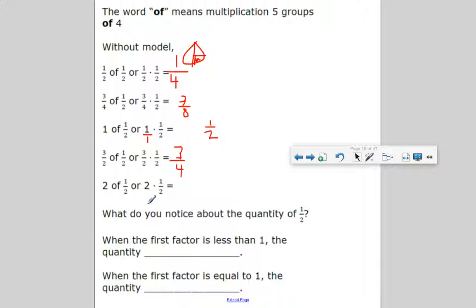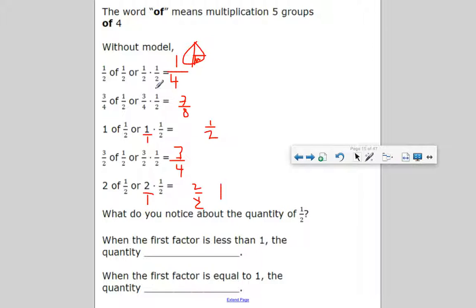So let's try it. What's 2 groups of 1/2? Let's rewrite the whole number in fraction form. So it'd be 2 halves, or just 1. And definitely, as you can tell, we doubled what we started with. So what do you notice about a quantity of 1/2?